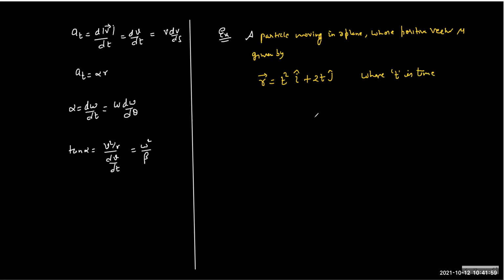So it's a function of time. Find AT, AC, A, and the fourth option we'll do it later on, but just mention the radius of curvature. The D part you can leave. We'll do the first part.